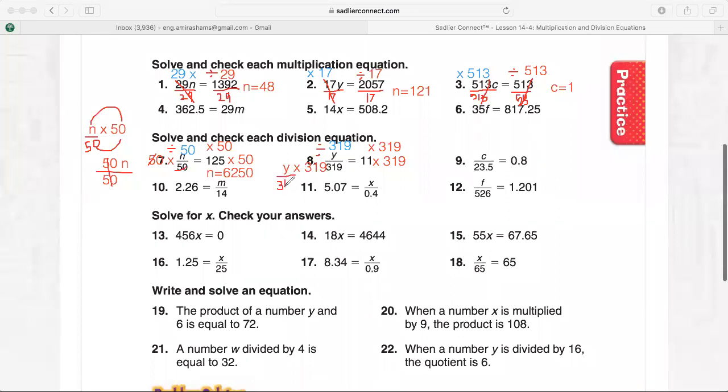Correct, Sarah? Yes. y over 319 multiplied by 319. What is next? We will cancel them. Yes, 319 and 319, so y is isolated. On the other side, what am I going to do? We will multiply 11 by 319. So it will be 3,509.